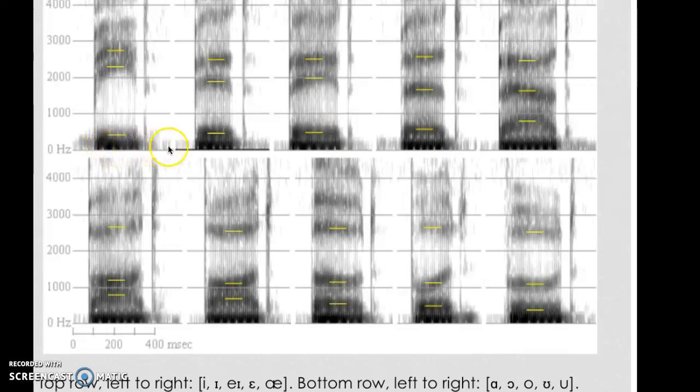This is a record of the pitch of the speaker's voice, the main pitch of their voice.